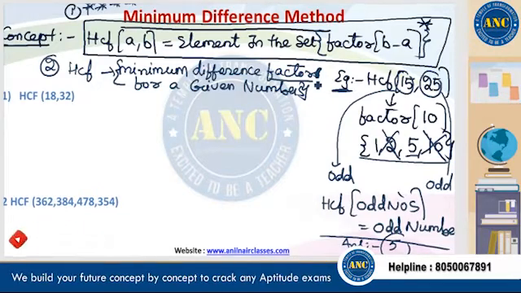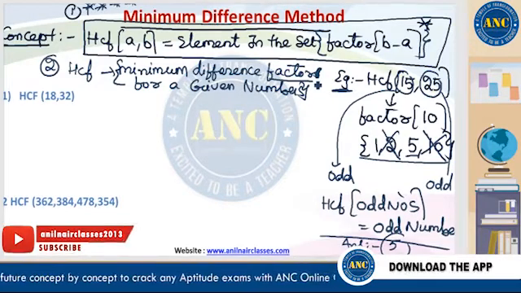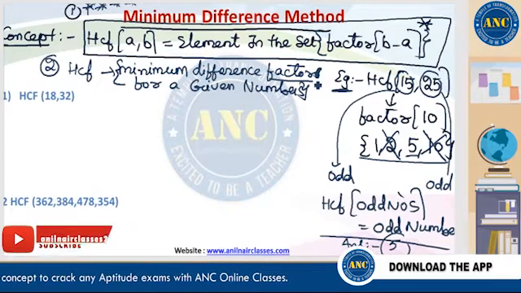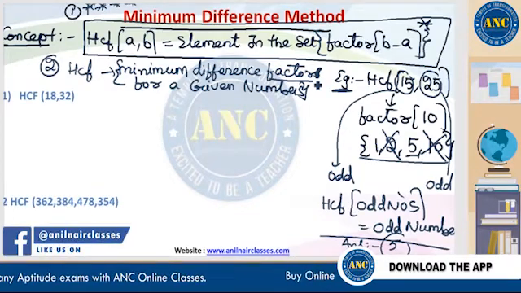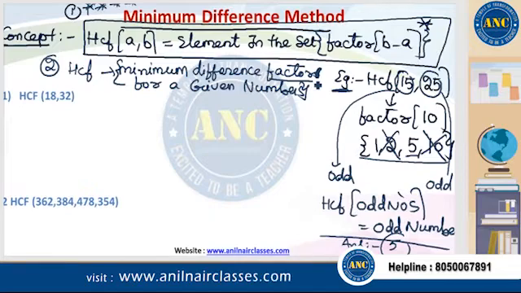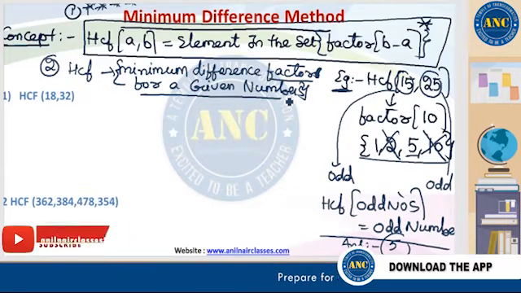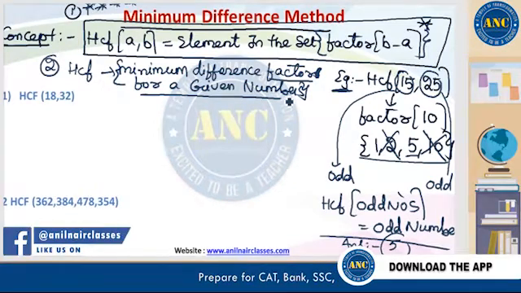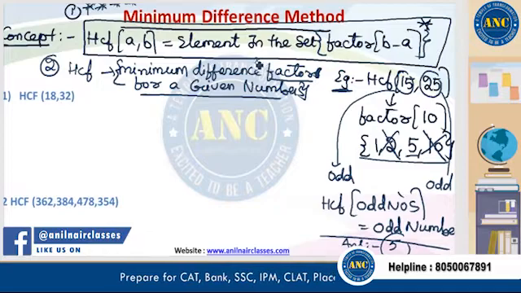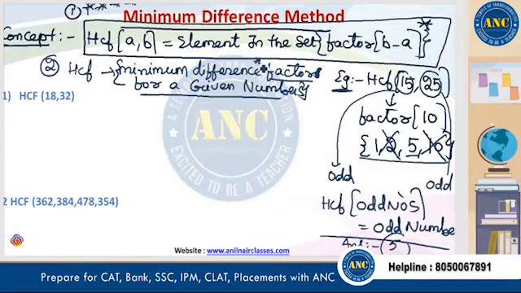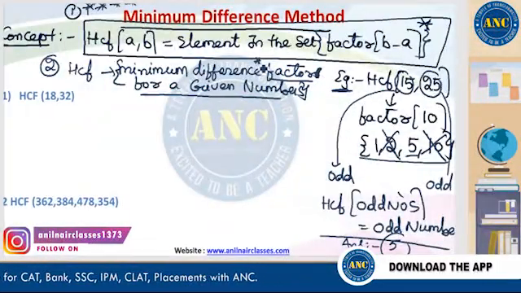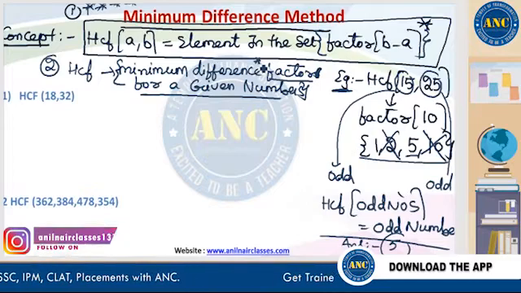Whatever value we are getting as the HCF, that HCF is nothing but a factor in the set of the minimum difference for the given numbers. You take the minimum difference for the given numbers, answer will be a factor among the given set.